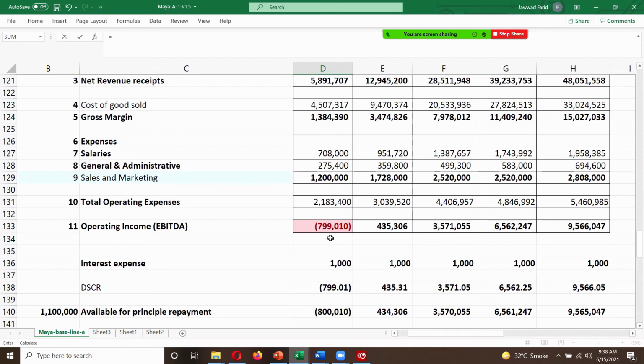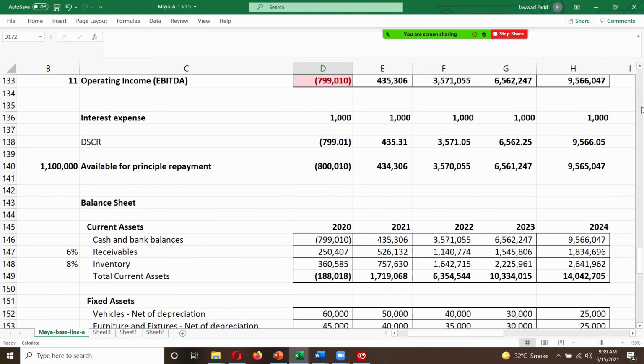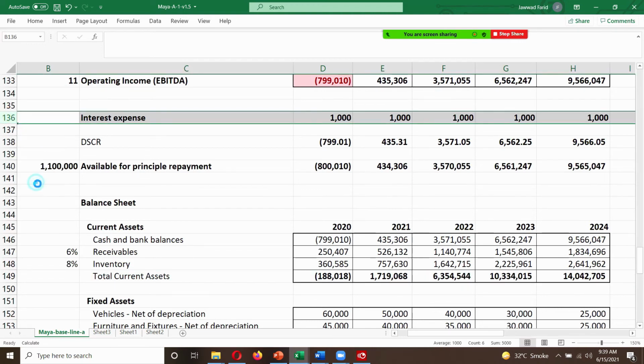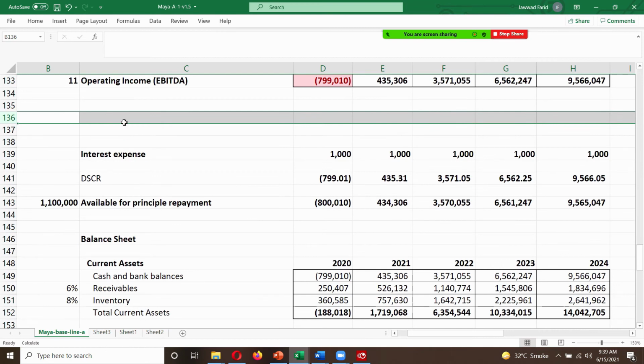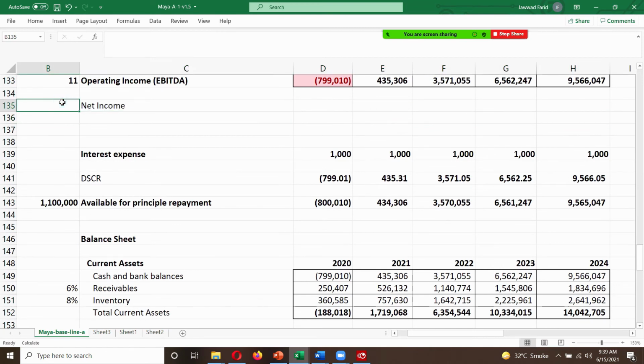So I've used operating income here, but I don't have anything else. I've put in interest expenses as charges, right? Let me go back and put this number here for now. So net income is line number 12.